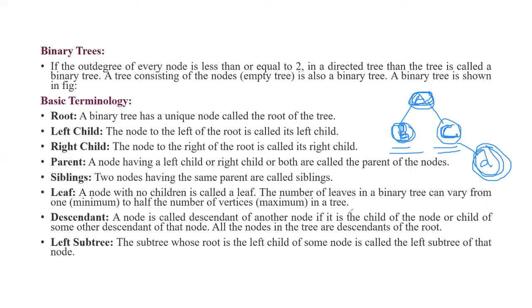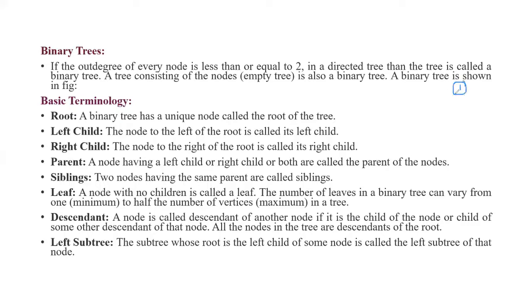Then left subtree. A subtree whose root is a left child of some node is called the left subtree of that node. See here, suppose this is 1, 2, 3, 4, 5, 6, 7.